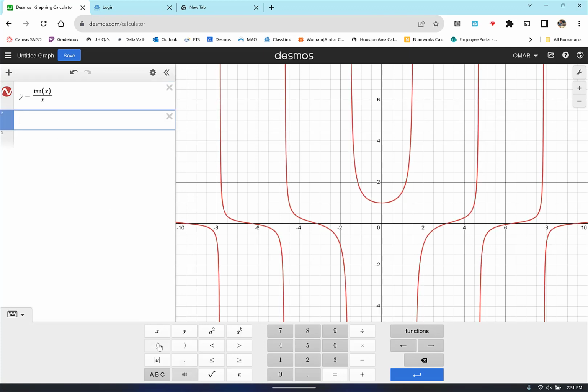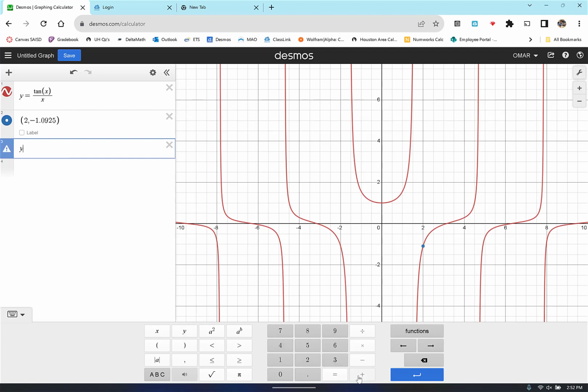All right, guys. 2 comma, what was my y value? So there's my point right there. So my tangent line should have a positive slope. It does. All right, so here it goes.